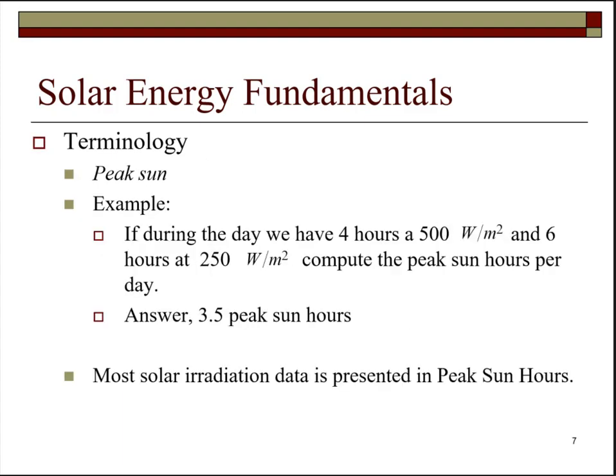Let's look at an example. If during the day we have a solar intensity of 500 watts per meter squared for 4 hours, and a solar intensity of 250 watts per meter squared for 6 hours, we can calculate the number of peak sun hours. 500 watts per meter squared times 4 hours would be equivalent to 2,000 watt hours, or 2 peak sun hours. 250 watts per meter squared times 6 hours is equal to 1,500 watt hours, or 1.5 peak sun hours.